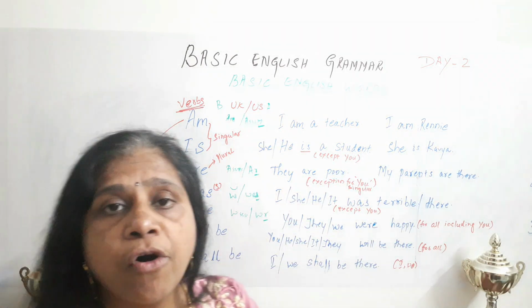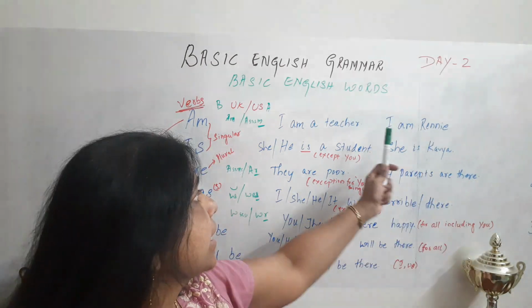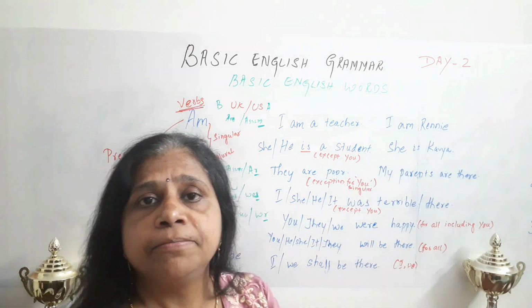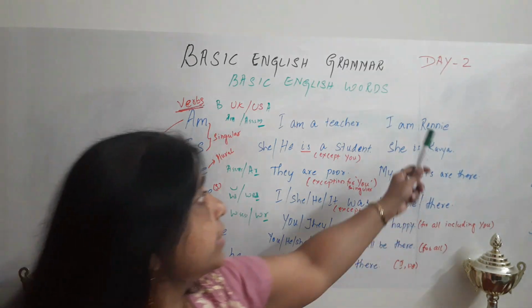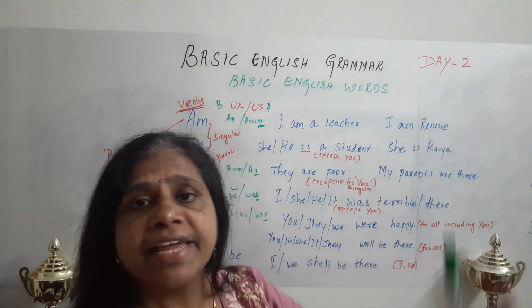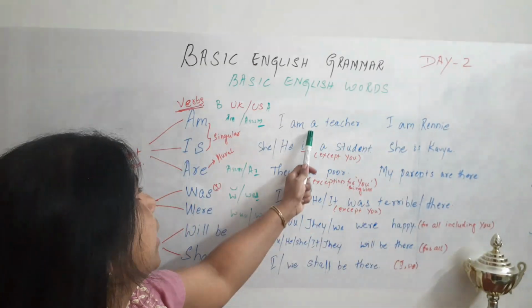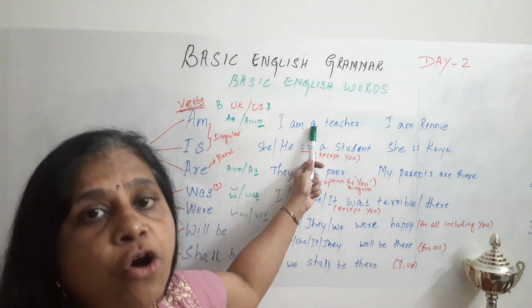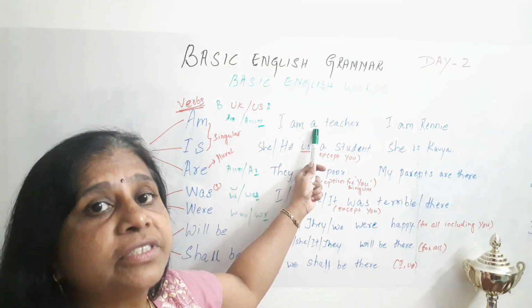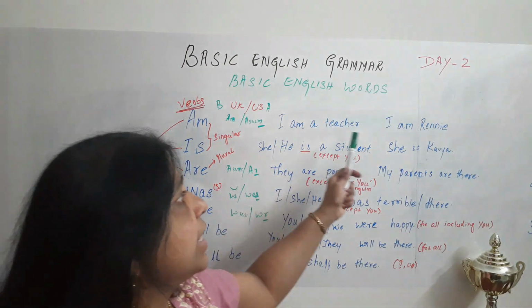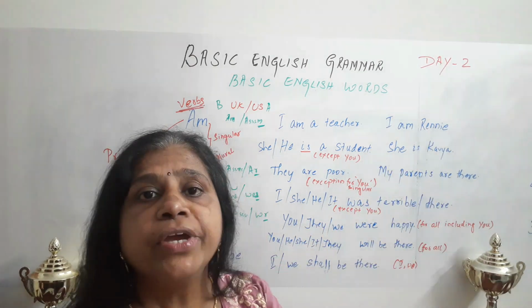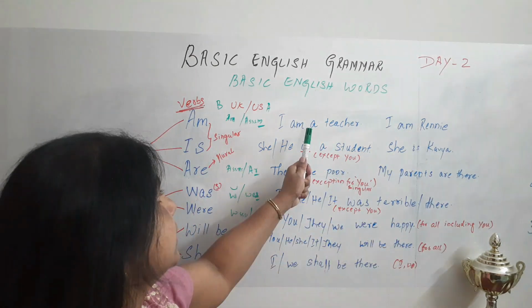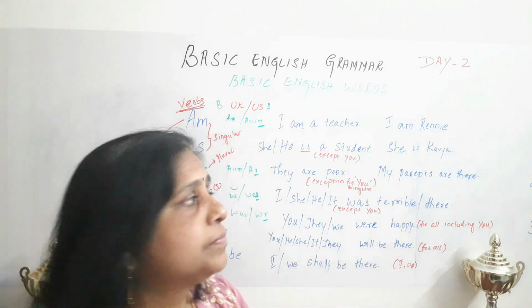You can always tell your name also, like I am Rennie. So for a name, you need not say any A or An. This is called A or An. That denotes single. Whereas for a name, we need not use this A or An.